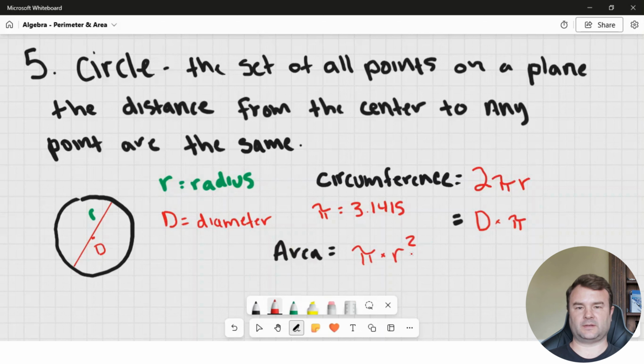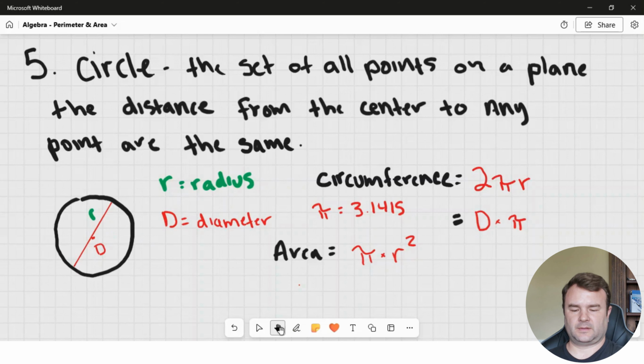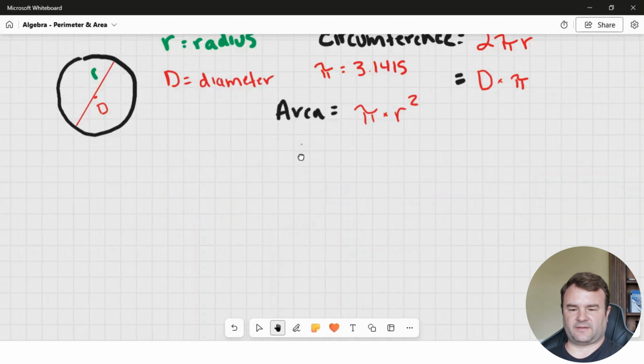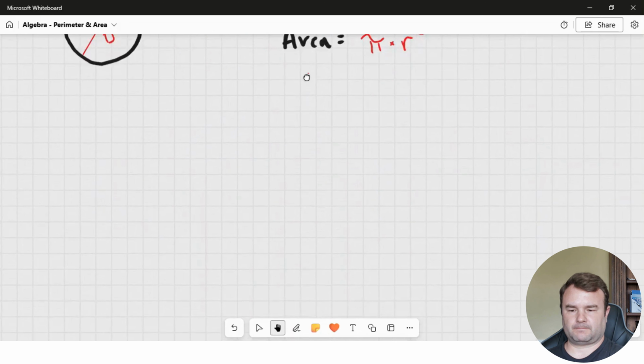So the inside part of this circle, the area, is defined as pi times r, or the radius squared. So let's go ahead and use an example to solidify this.